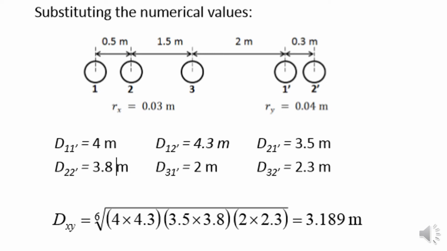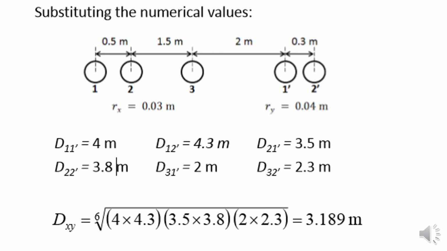Then D1 2 dash, which means the distance between 1 and 2 dash, so add 0.3 to 4, so 4.3. Then D2 1 dash is 3.5, because it is between 2 and 1 dash, so 1.5 plus 2 is equal to 3.5.